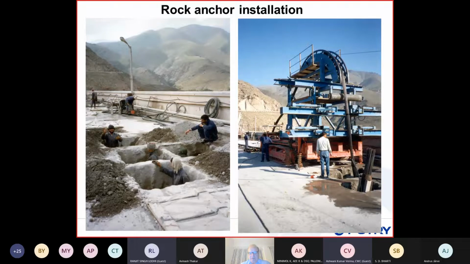This is some work going on. These are, let me say, on a dam crest. These are the locations of the anchor heads of the rock anchors, and here is the equipment used for placing these rock anchors. This here one is already placed in one of these holes.